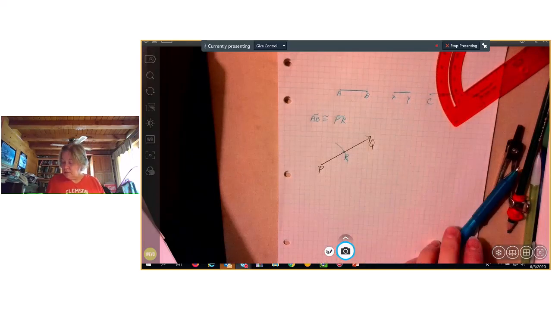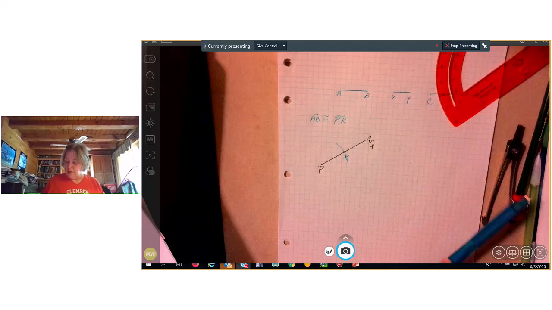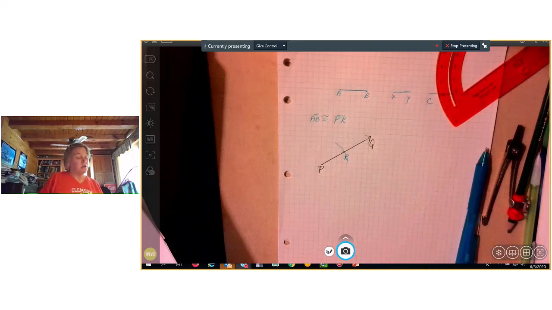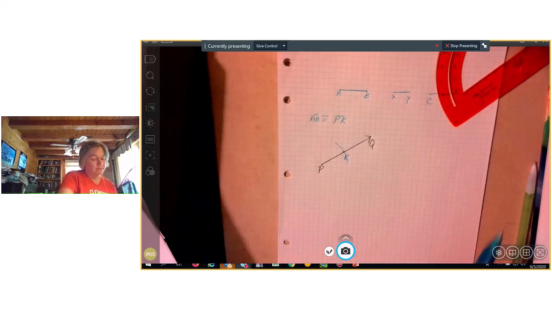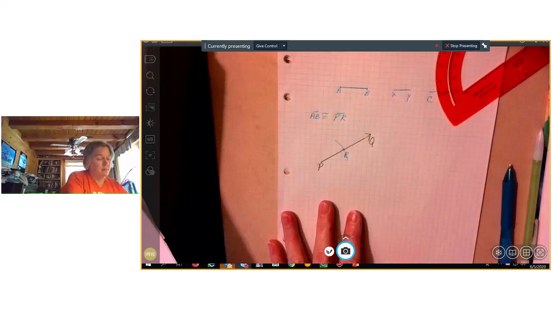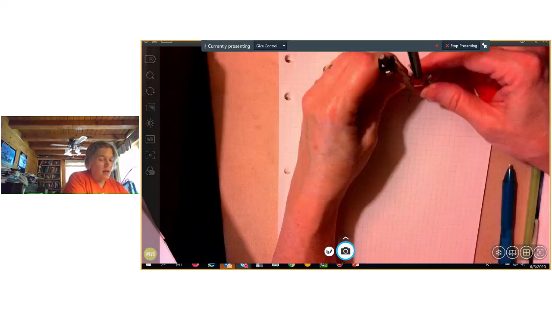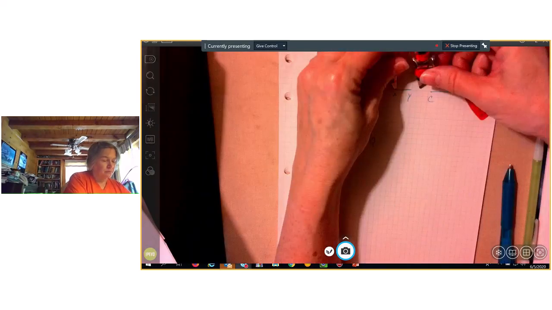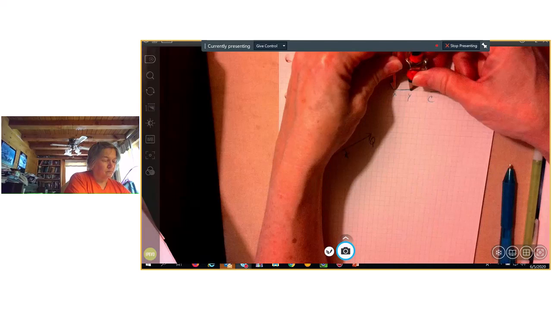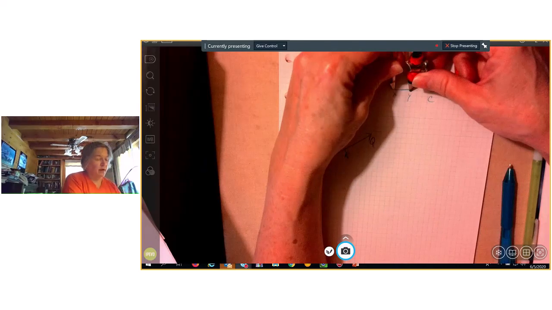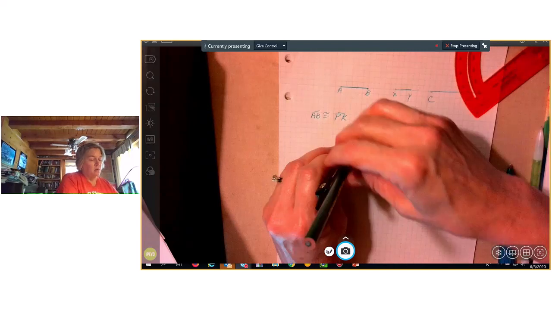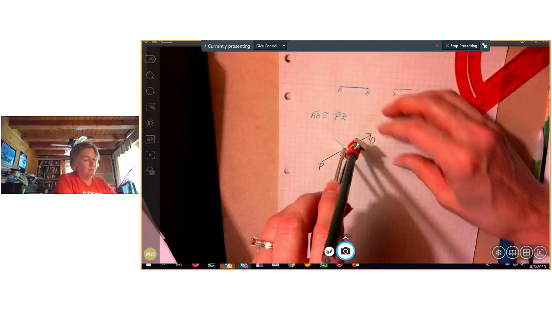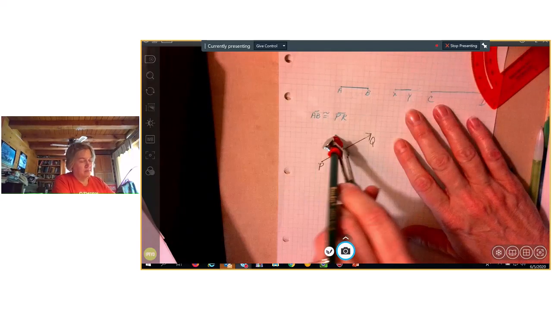I'm trying to do what they did in the book, but I am not following their direction. So let's just go ahead and draw PR, and then I come up here to measure XY. I'm going to measure XY just like this.